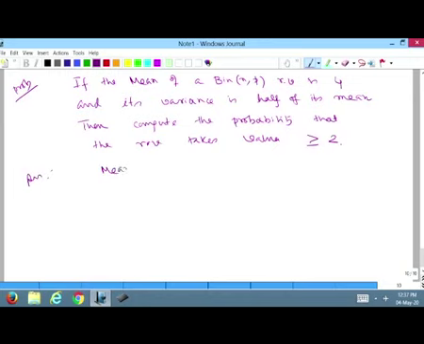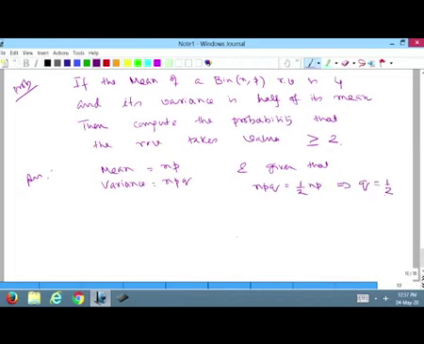So, answer: mean is equal to np, variance is equal to npq, and given that npq is equal to half np, implies q is equal to half. Therefore, p is equal to half.